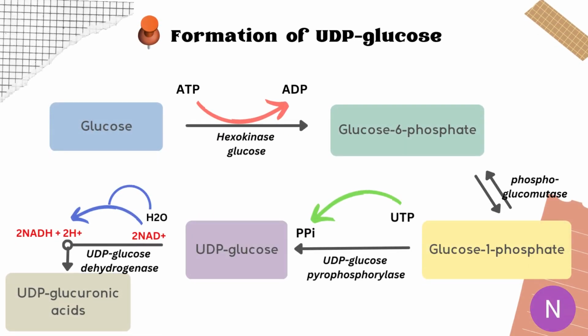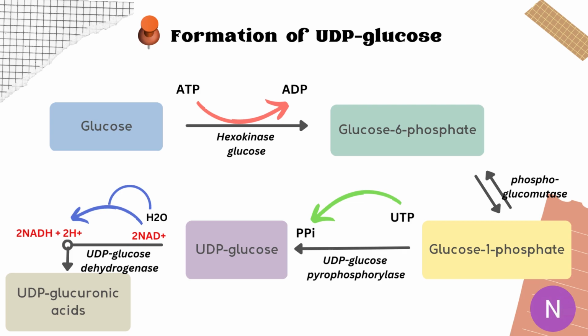We go to the first part, the formation of UDP glucose, in which glucose is converted to glucose phosphate. This is catalyzed by hexokinase, an enzyme with broad specificity that catalyzes the phosphorylation of 6-carbon sugar.